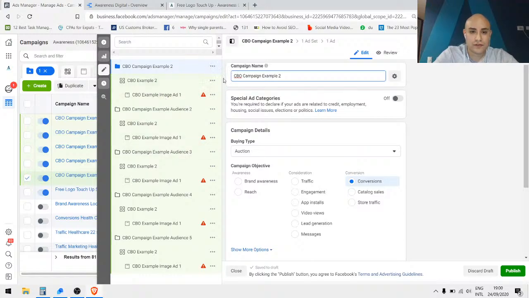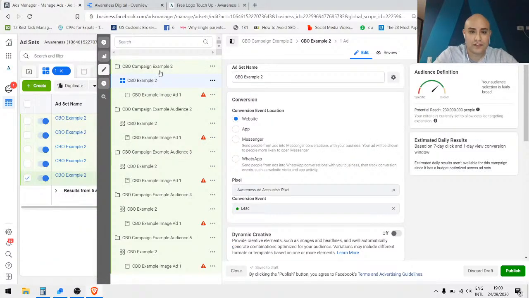Oh, whoops. One second. That was actually supposed to go here. See, this is why it can be stressful, because you have to keep everything organized so you don't get lost. This is supposed to be the audience.